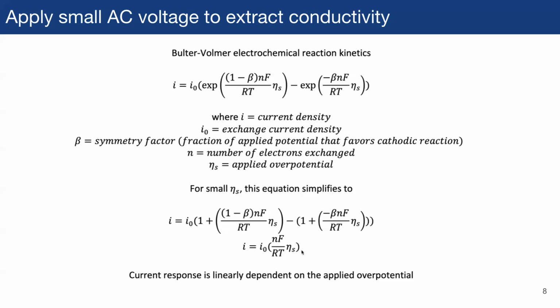So in these EIS measurements, we're applying an alternating voltage of very small magnitude, on the order of about 10 millivolts, to drive a current response that will allow us to get back out the impedance in our system.